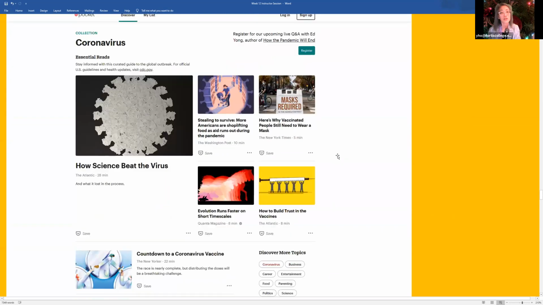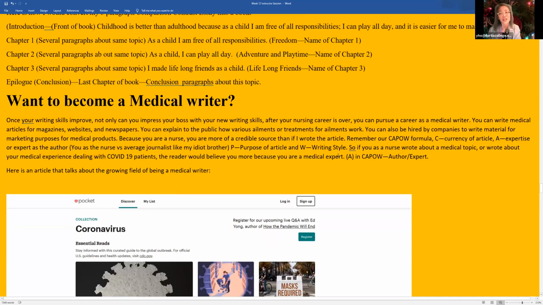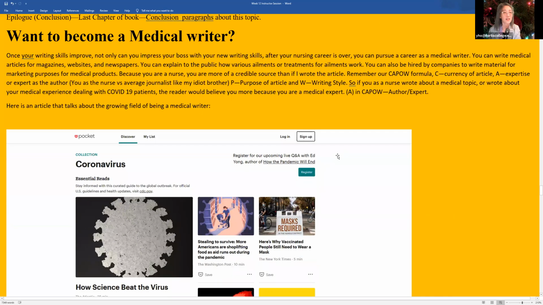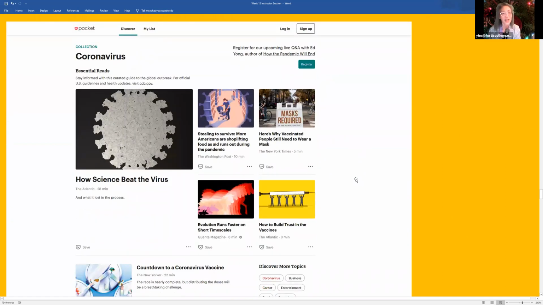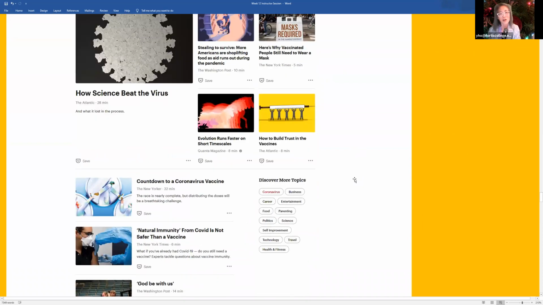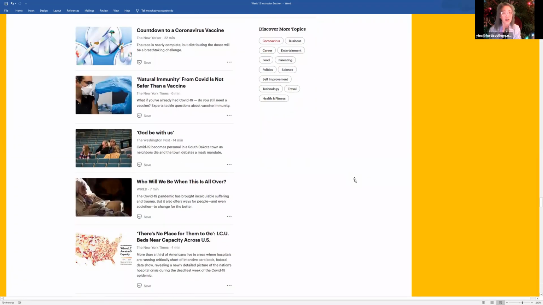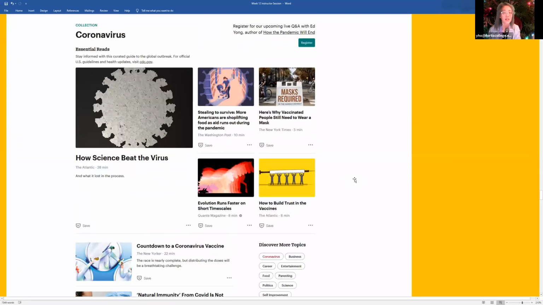Of course, I don't know how you can get the job. That part you would have to tell me. But I do know that a lot of nurses, especially the ones who are really angry at people not wearing their masks, having boat parties, maskless, and then the hospitals are at capacity, write these articles.